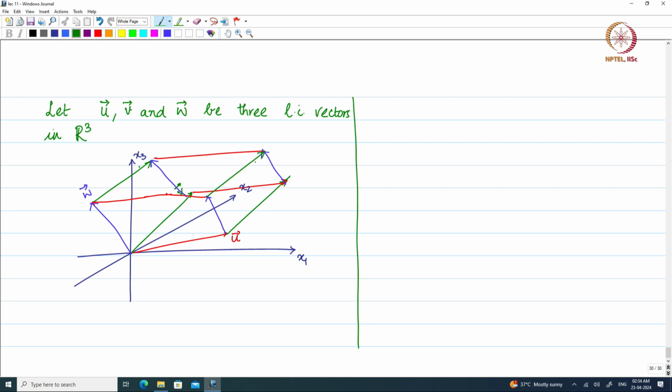So this is basically the parallelepiped that we have. The question is, what is the volume of this parallelepiped?